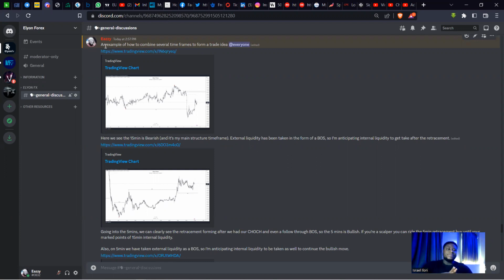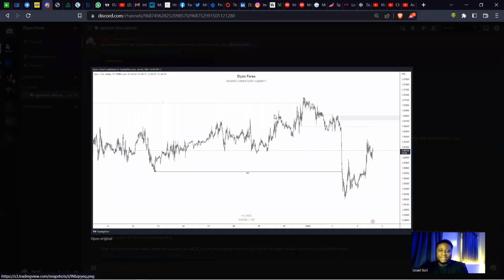Some traders have the 4-hour, the 15 minutes, and the 5 minutes, but they don't know how to put each of these time frames together to get a specific trade idea that they can possibly execute. That was the intention of this post. As you can see, I said this is an example of how to combine several time frames to form a trade idea. This was the first chart I posted, the 15-minute chart.